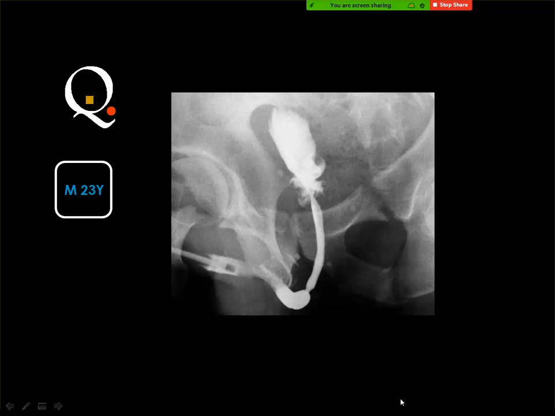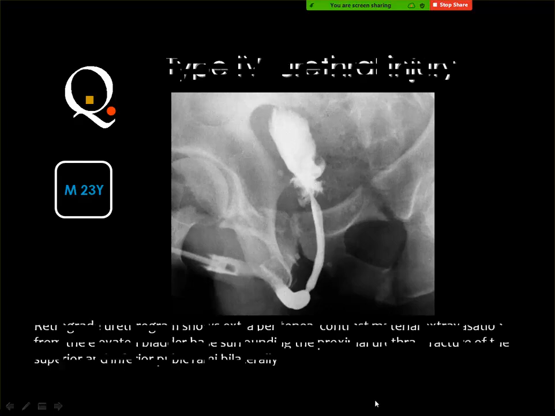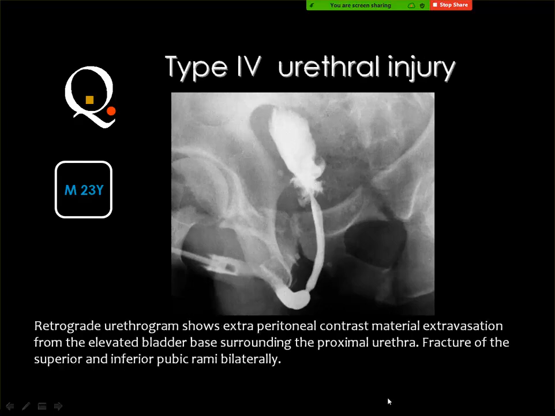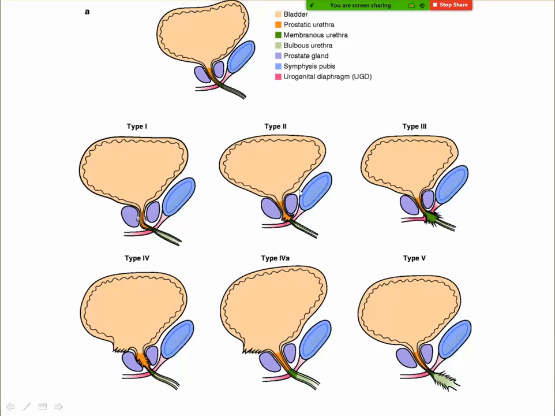Trauma. Neurogenic bladder. Urethral injury. Urethral rupture. Yes, and you see the fracture of the iliac bone, and you see the rupture of the urethra at its attachment to the urinary bladder. This is what we call type 4 urethral injury, and here are the types.